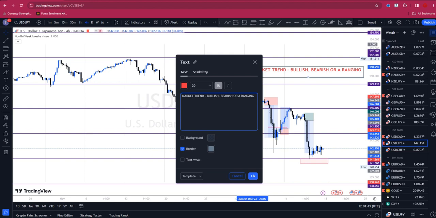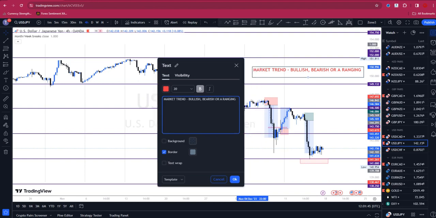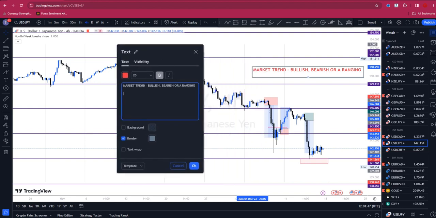Then the next thing has to do with the key levels, that is, whether the market is at a support level or resistance level. That's the key level, either support or resistance.